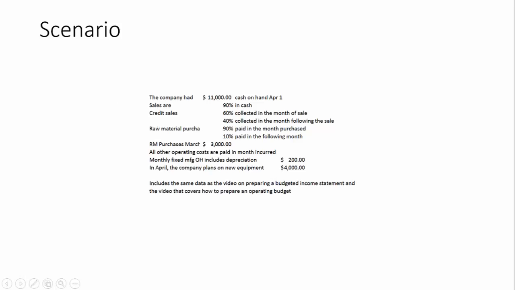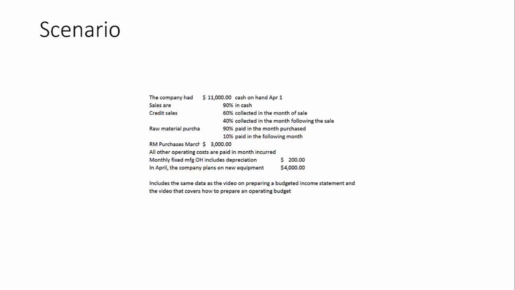Now in this one, if you look back at video number 1 or video number 2, you will see all of the information about the sales price and the budgeted sales units and all that sort of stuff. But in this one, we've also got some other information regarding how much cash we have on hand, and how much of our sales are actually collected in cash in the month of the sale as opposed to months following.